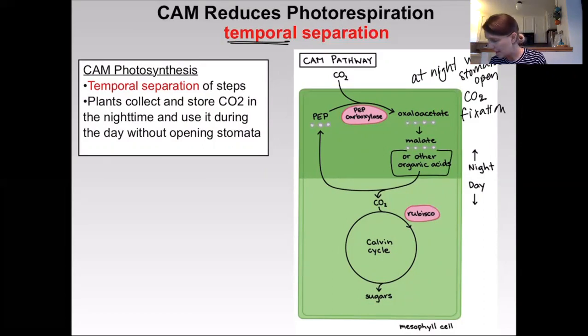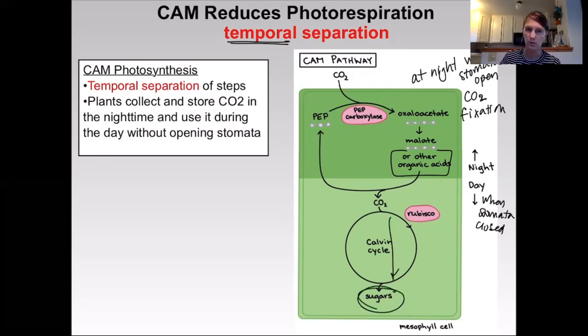And then during the day, when stomata must be closed to prevent water loss, they can still do the Calvin cycle to create all our sugars, right? So this is just an evolutionary adaptation to allow plants to keep their stomata closed and yet still go through the Calvin cycle, right? And this all occurs just in the normal mesophyll cell. It just occurs at different times.